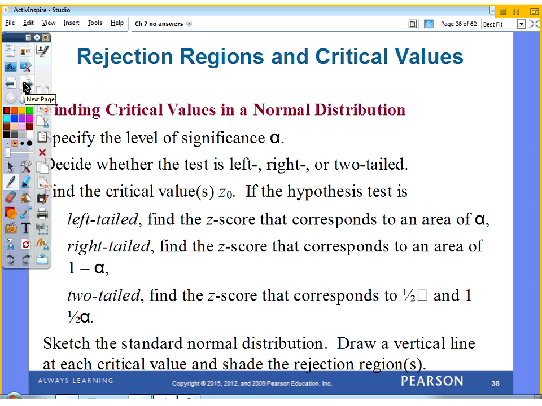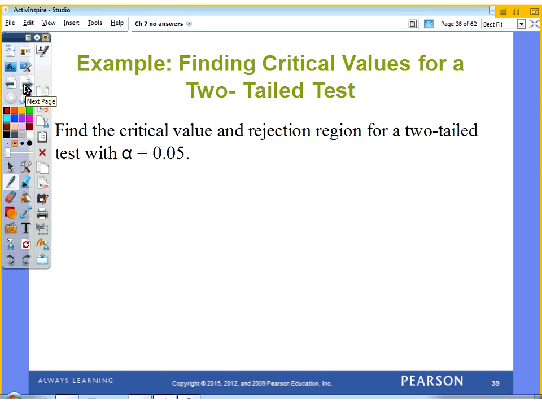If it's a left-tailed test, you're going to find the area that corresponds to alpha. Right-tailed will be on the right side, and for two-tailed, you're going to have to take out half of alpha for both tails. So if I give you a two-tailed test, drawing the bell-shaped curve, putting in two tails, that alpha is for both tails.